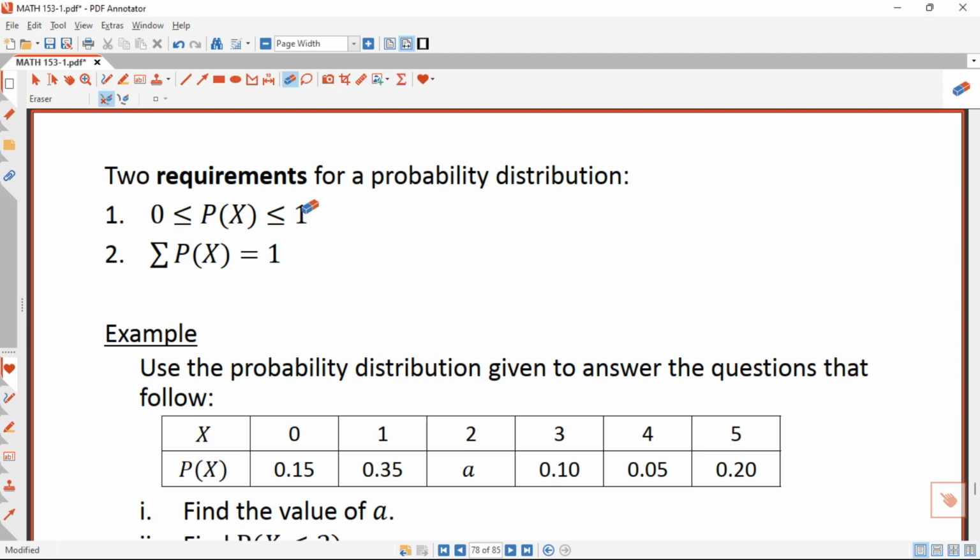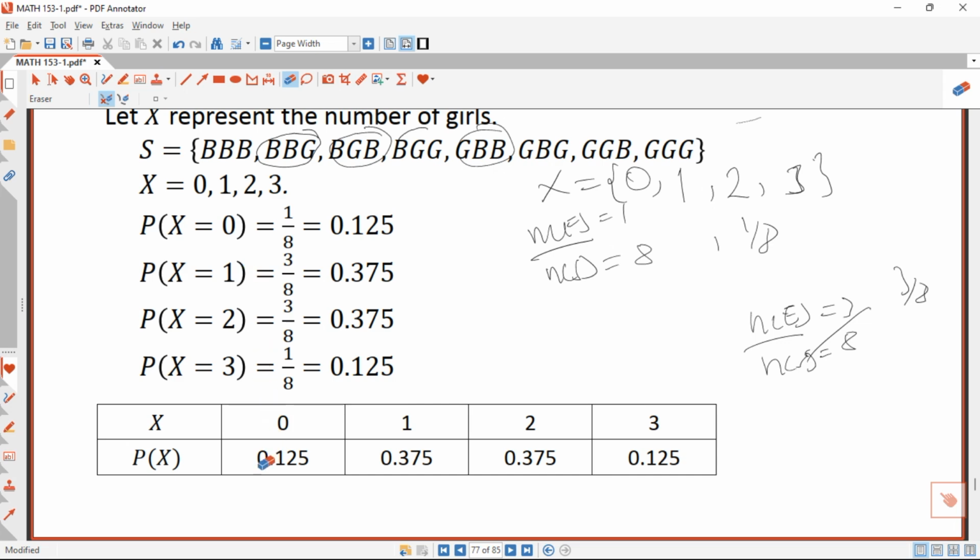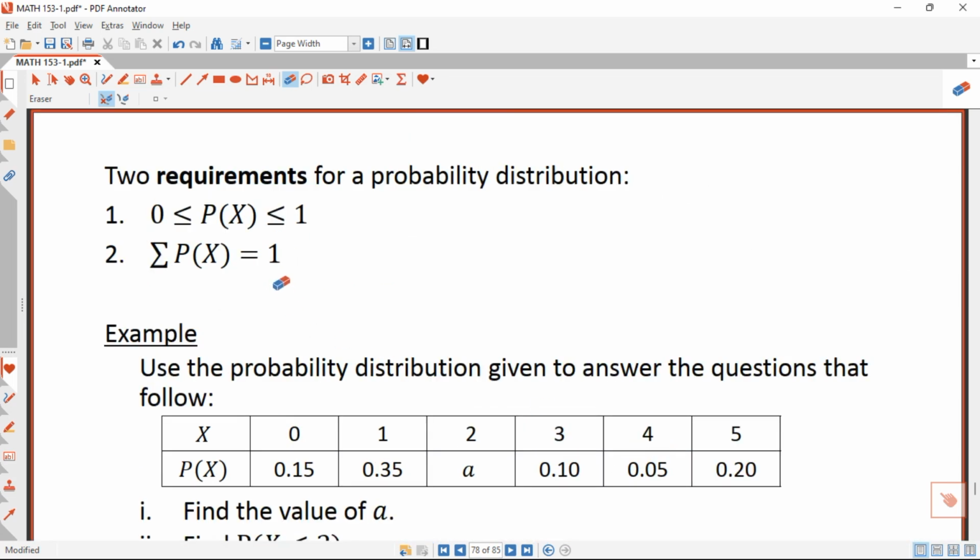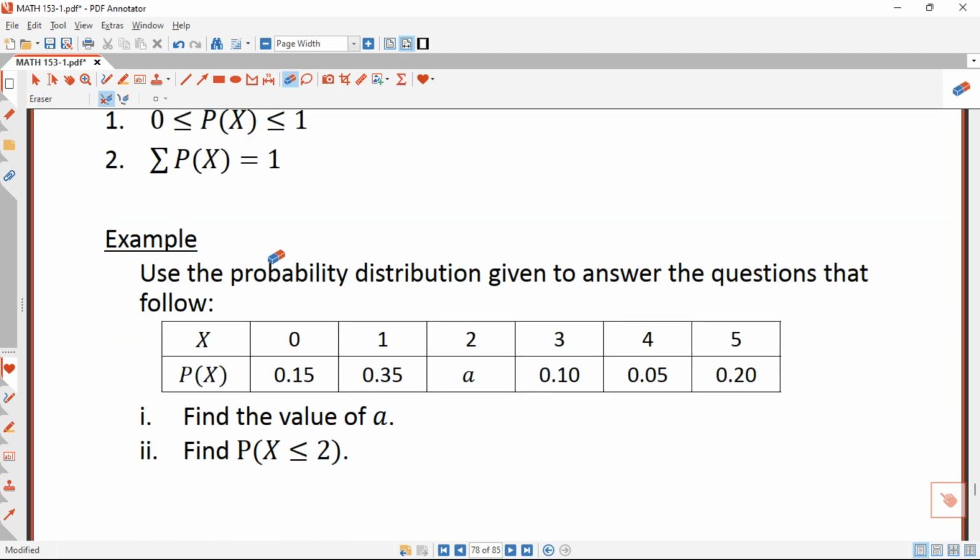And then when we add all the probabilities, we are supposed to get 1. If I add everything and don't get 1, it means that distribution is not a discrete probability distribution.